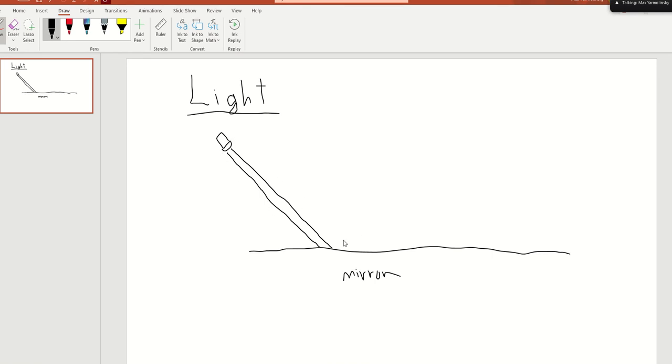This is a flashlight. So the way we think about this is we want to measure the angle at which the light ray hits the mirror, okay? So usually what we do is we draw what's called a normal line.